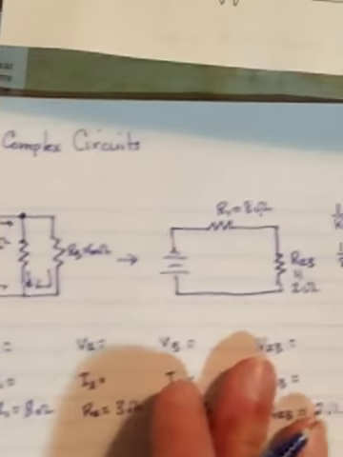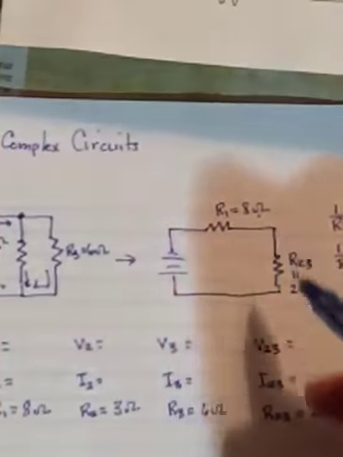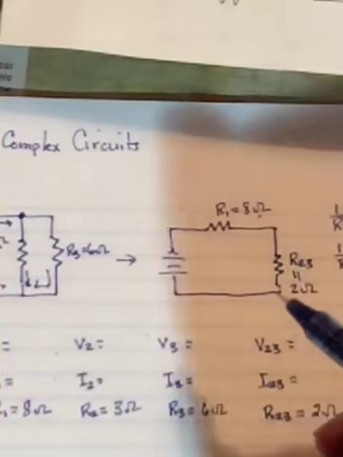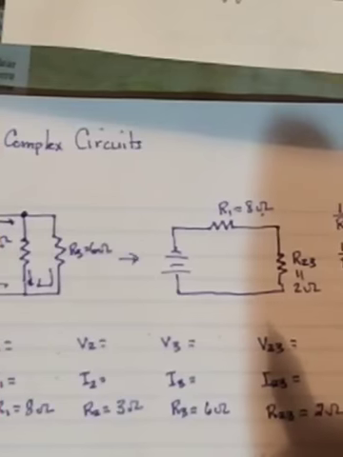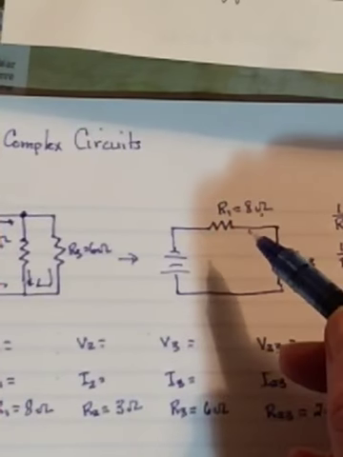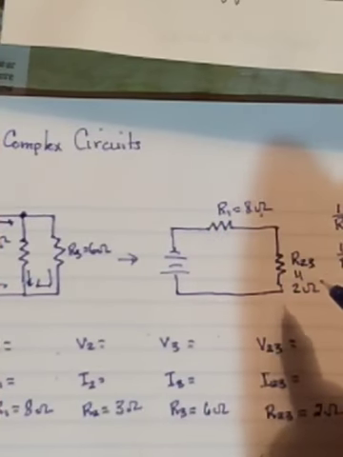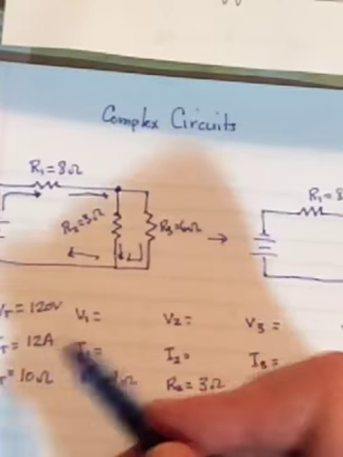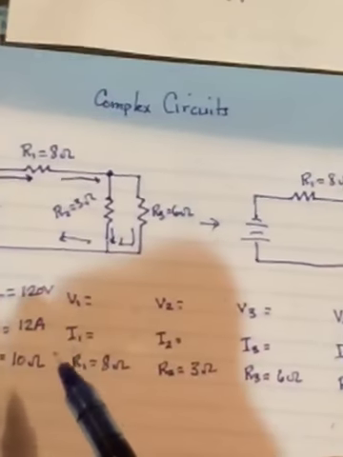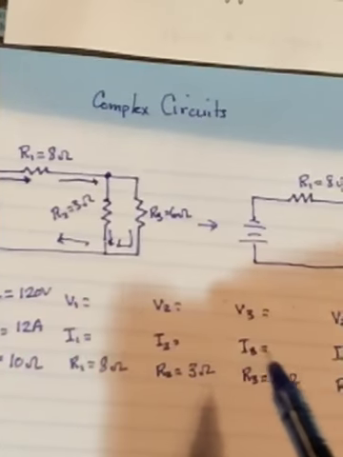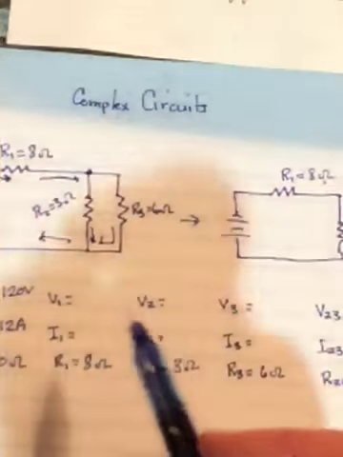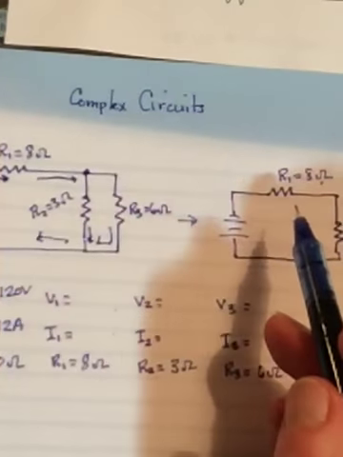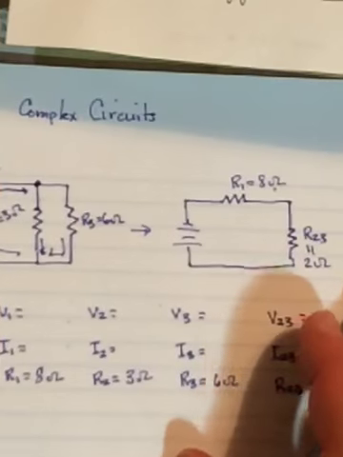And then you look at your most simplified circuit again, and you say it's in series. And in series, what's the same? The answer is current, which means I1 will be equal to I23 will be equal to I total. Please don't get 12 amp happy and put 12 amps in every spot in all the I's because you say, oh, it's in series. The only ones that are in series are R1 and R23.